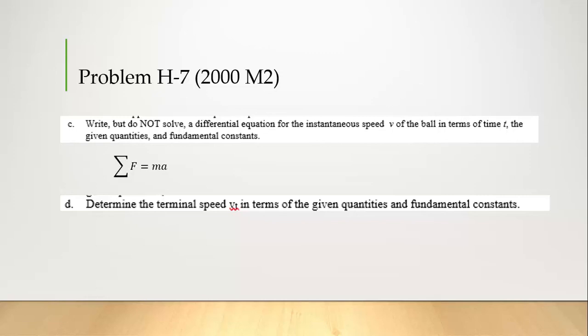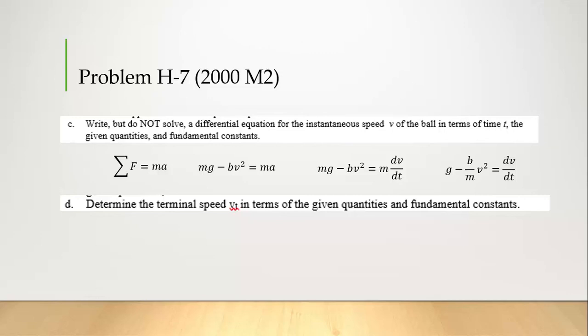Probably what they do is say sum of forces equals mass times acceleration, or net force does. Well, I know the net force is weight minus bv squared. So if I wanted to solve this out, I know another way to write acceleration is the derivative of velocity with respect to time. And then if I divide both sides by m, I actually get my differential equation here.